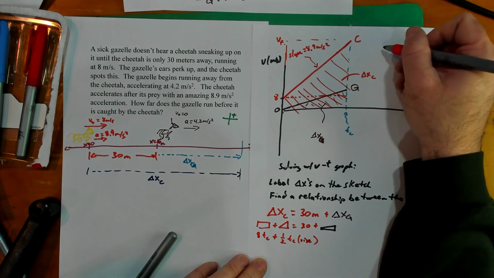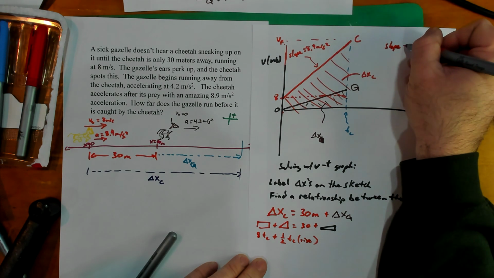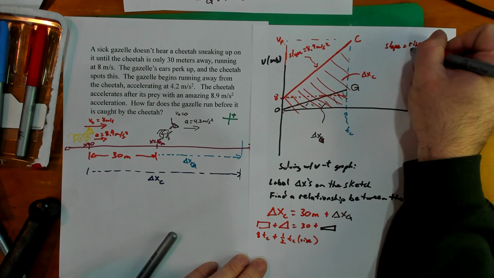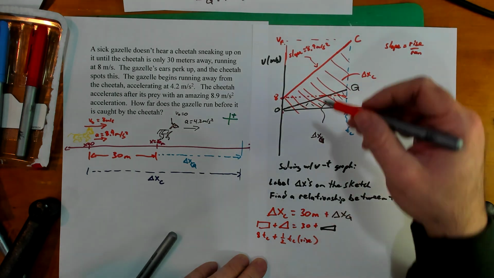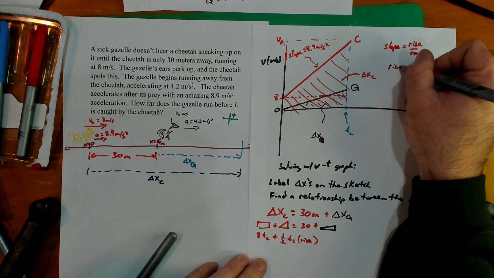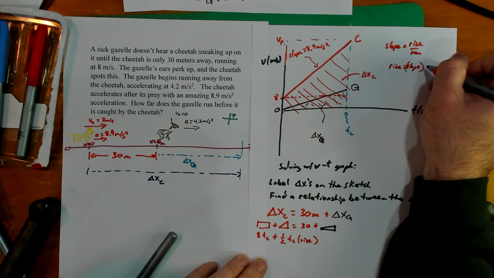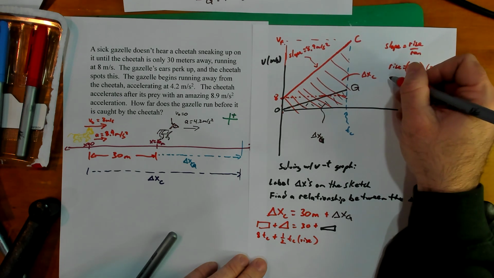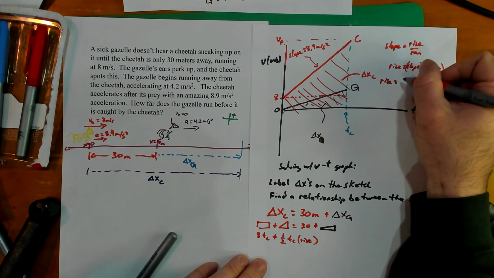So rearranging, I need to find the rise on this graph. So rearranging this, the rise would be the slope multiplied by the run. In this case, the rise is what? Well, the slope of the graph was 8.9.